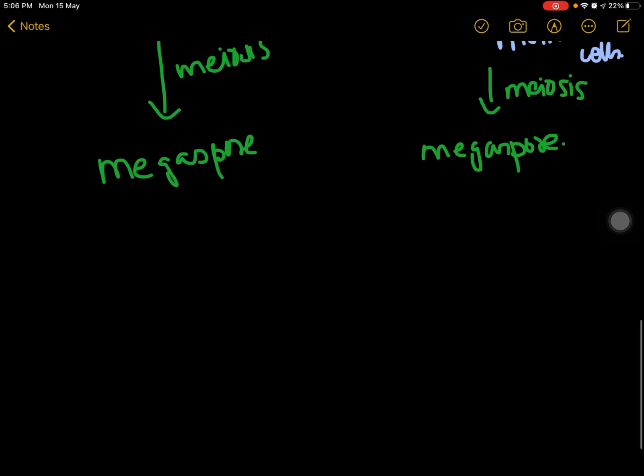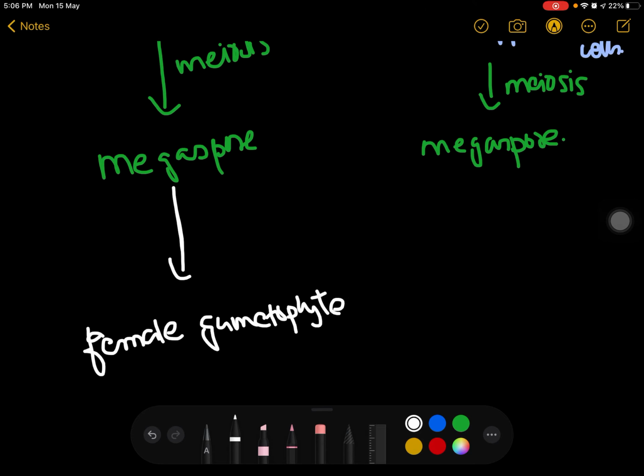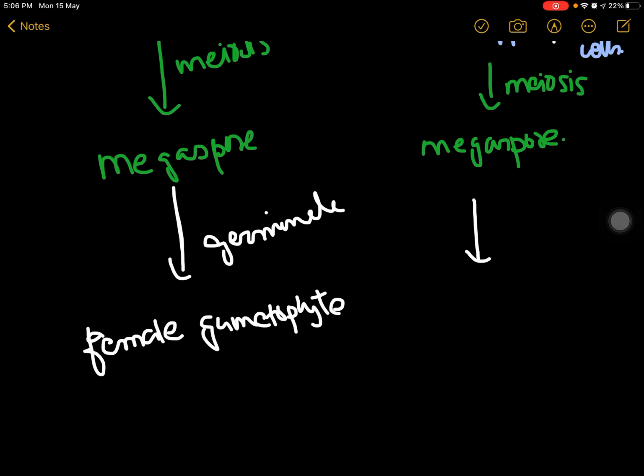After the megaspore is produced, it will germinate and produce the female gametophyte, right? They will germinate.